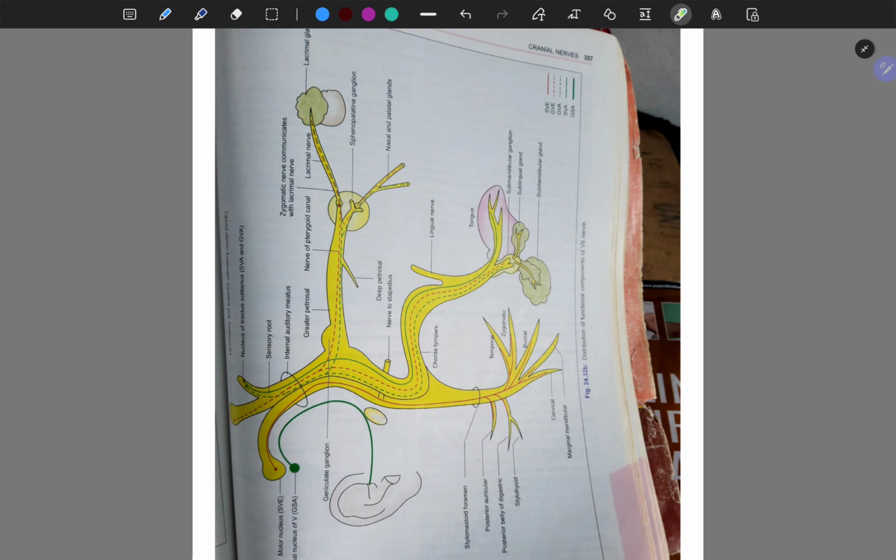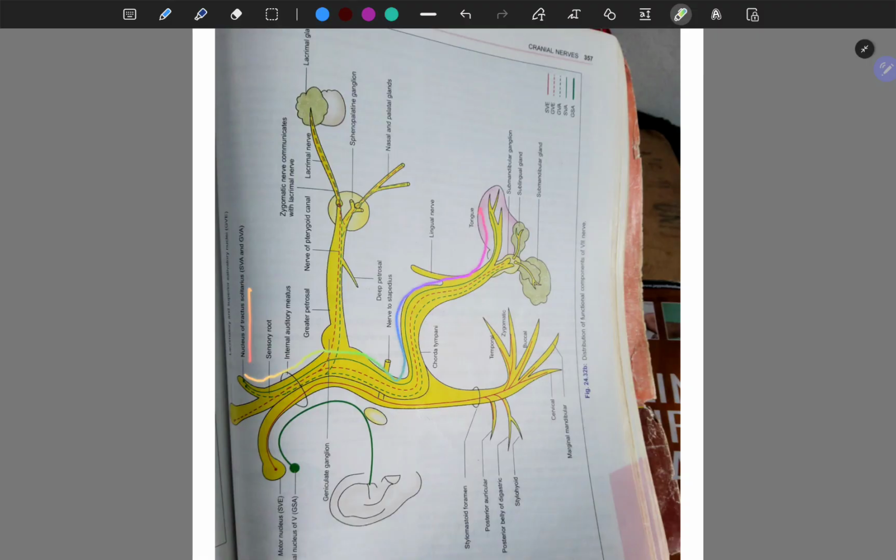The facial nerve has 3 important nuclei. Remember this mnemonic, SWAT NTS. The nucleus of tractus solitarius carries special visceral afferent taste sensation, and from here it will reach the tongue.